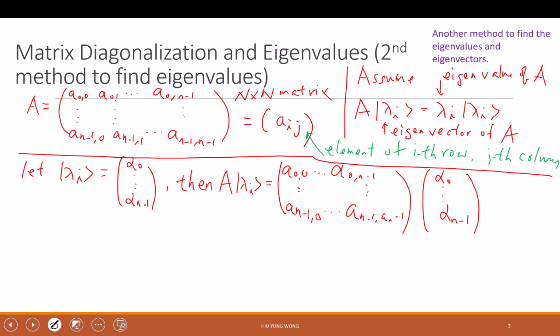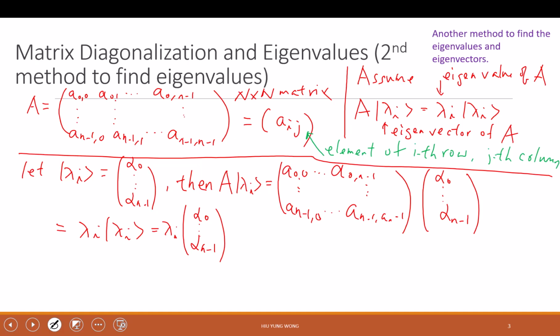But then we also say what? We say because it's the eigenvector, then we also have λi times |λi>, right? And this |λi> is just this, right? Just numbers, alpha 0 all the way to alpha n minus 1. Right? I just substitute with the column vector.